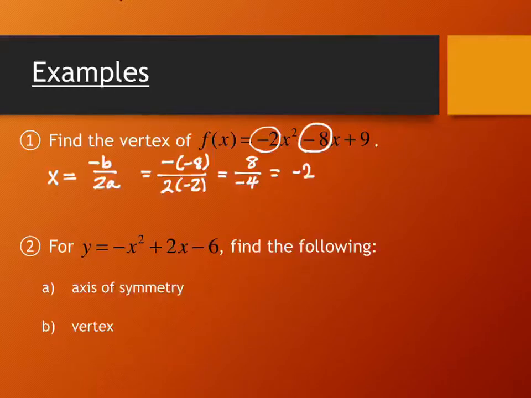To find the corresponding y value, I just plug it back into the equation. So the equation was negative 2 times my new x value that I just found, which is negative 2 squared, minus 8 times that x value, negative 2, plus 9.